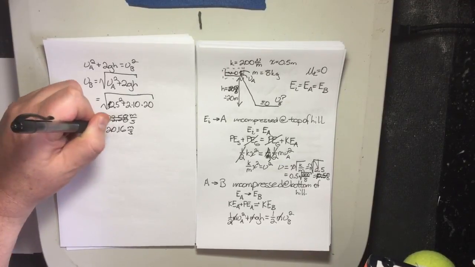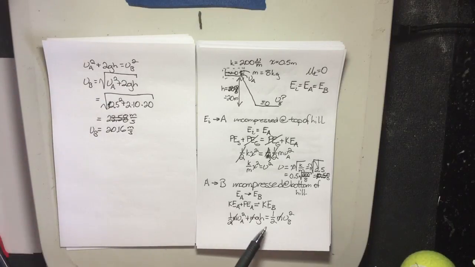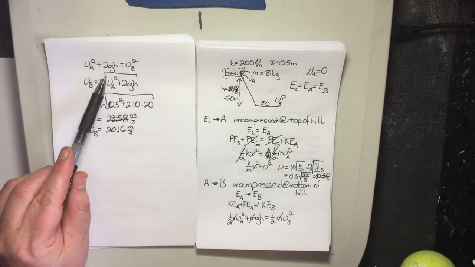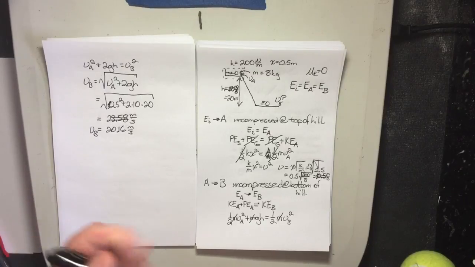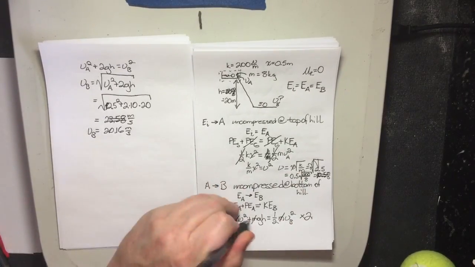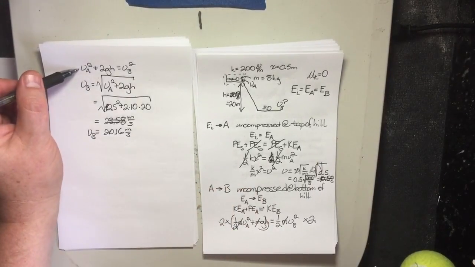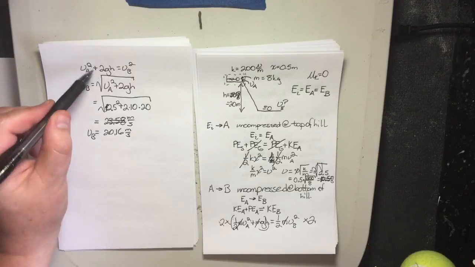Yes? What I did when I went from there to there, good question, I multiplied both sides by 2. 2 times that, they cancel. 2 times that, it becomes a 2.